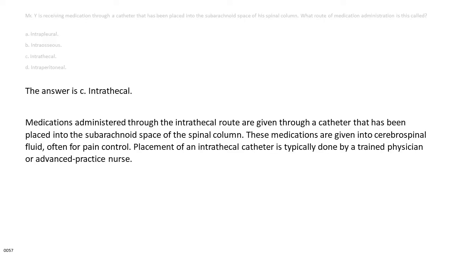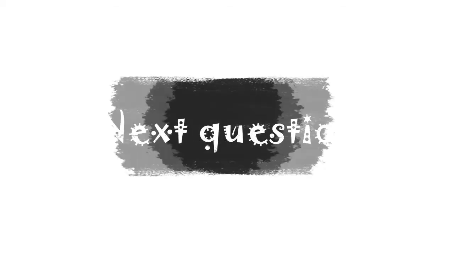The answer is C. Intrathecal. Medications administered through the intrathecal route are given through a catheter placed into the subarachnoid space of the spinal column. These medications are given into cerebrospinal fluid, often for pain control. Placement of an intrathecal catheter is typically done by a trained physician or advanced practice nurse.